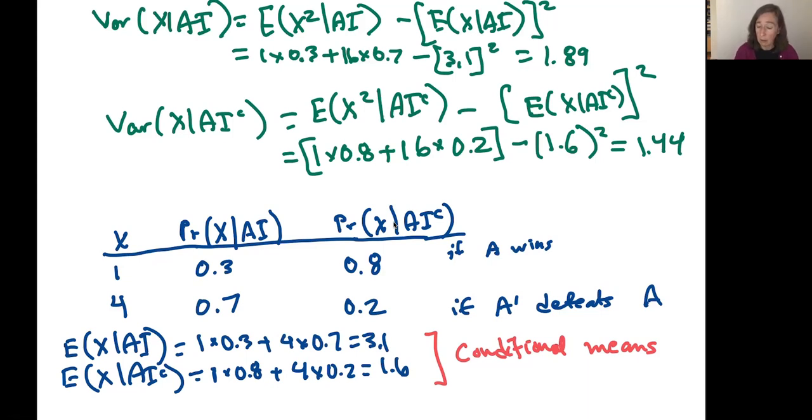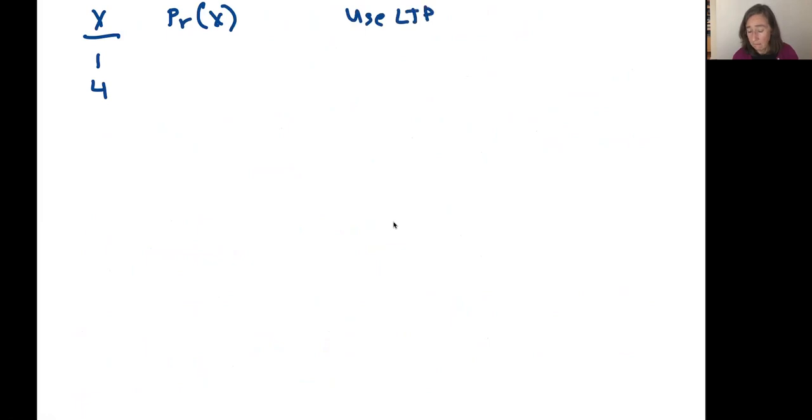Okay, so to go to the next page here, what we want now is the distribution of x. X is still going to take values 1 and 4, but now we want the unconditional probability here. Okay, and so as I said, we're going to use the law of total probability.